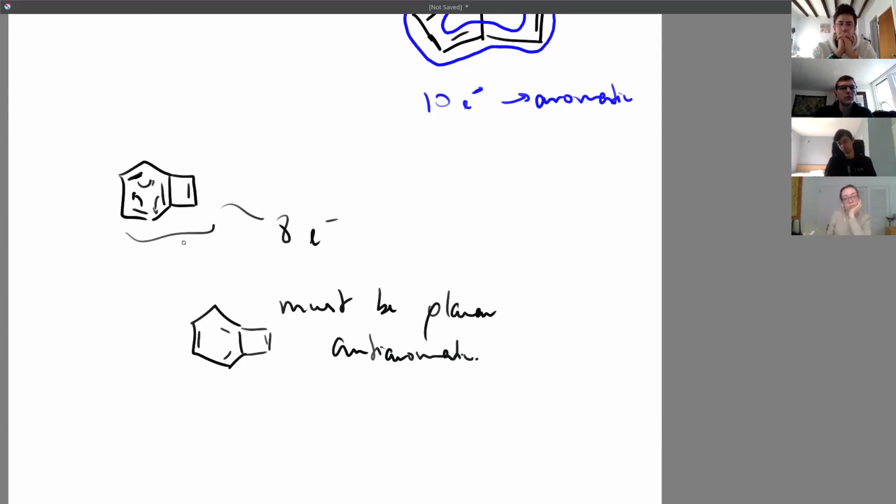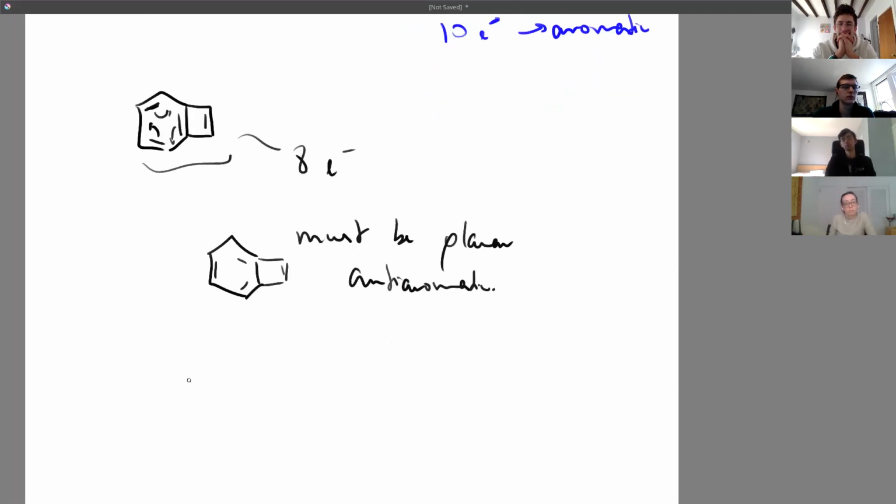So I'm also just curious if aromaticity trumps, like if part of it's aromatic, is the whole thing aromatic? What if we have a benzene attached to a cyclooctatetraene? Would we consider that to be aromatic, even though... Yeah.